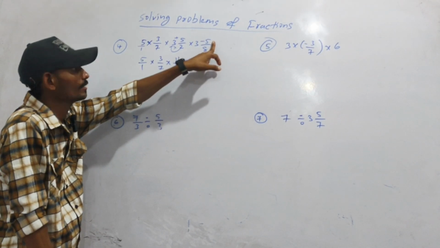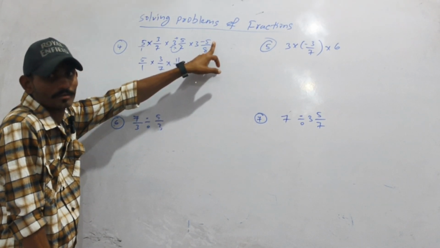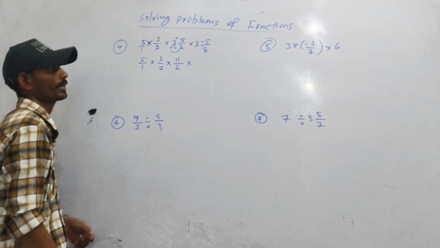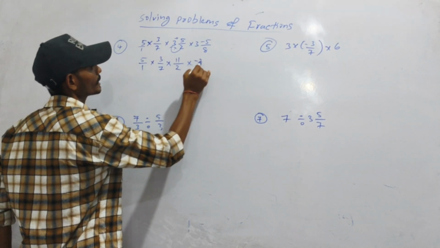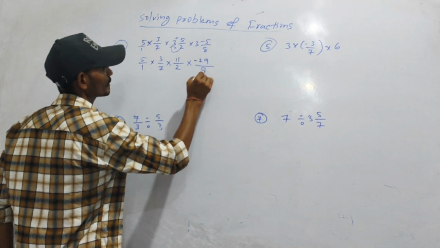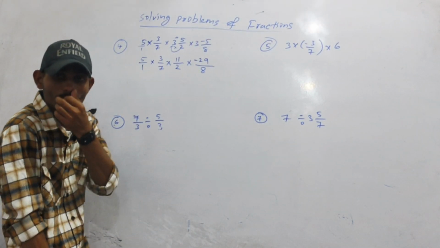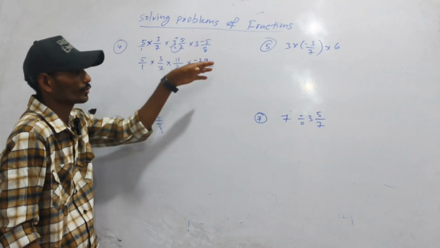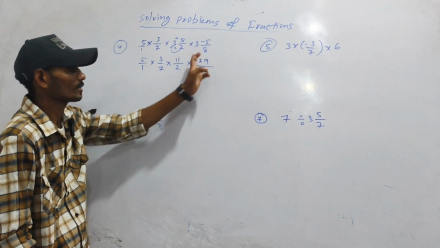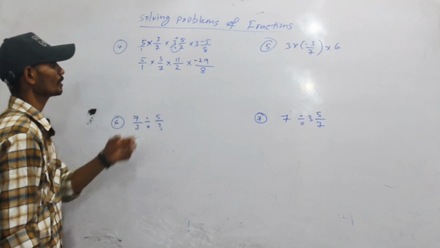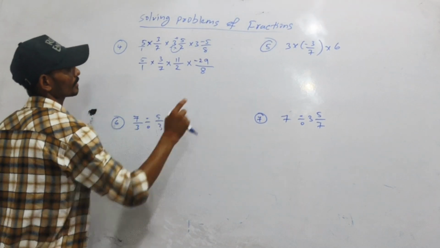There is a minus sign, but you don't think about the minus sign. You add the remainder. So minus 29 by 8. Somebody is asking, this is the minus sign, should it be removed? There is no need to remove it, you just add, that sign belongs to the term only. Okay, so now you have this complete multiplication of fractions.